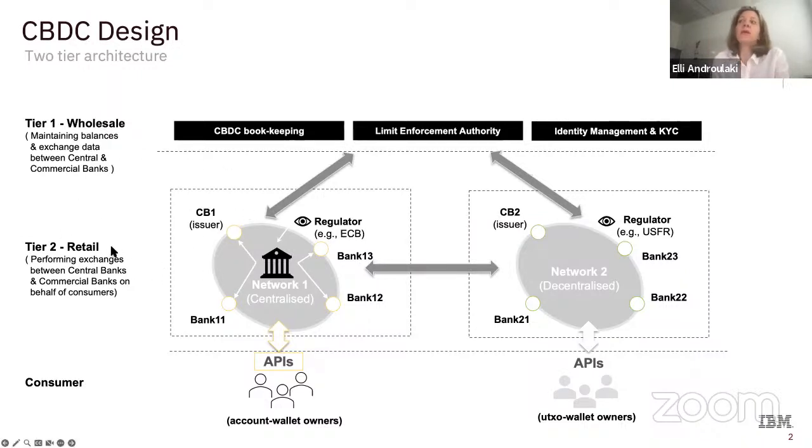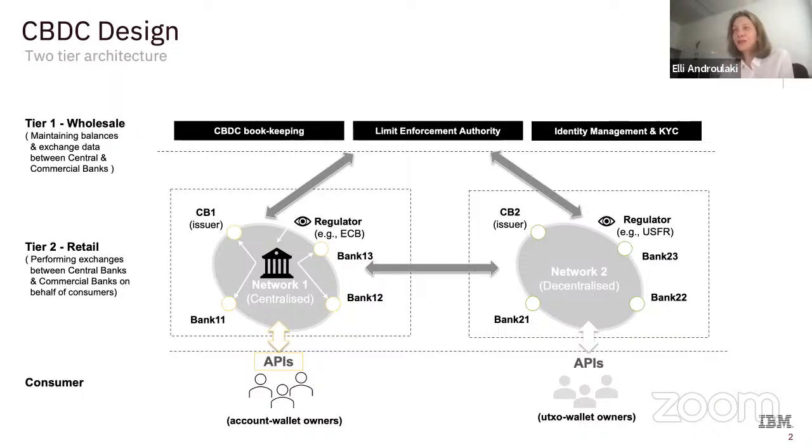Tier 2 refers to a retail central bank digital currency, facilitating exchanges of cash between individuals or corporations, just like we do today with the banknotes that we have in our wallet and that we use to pay. And then at the last end, we have the consumer, or the payment service provider, that would interact through APIs with the retail CBDC network to offer a service to other consumers, individuals, that would itself need to interact and interoperate with a wholesale CBDC network.